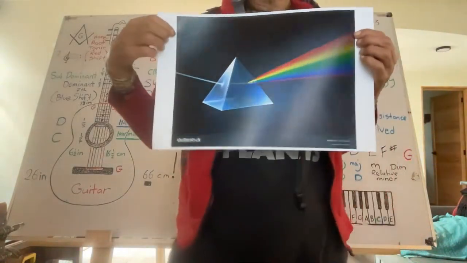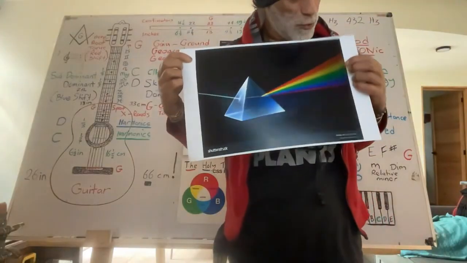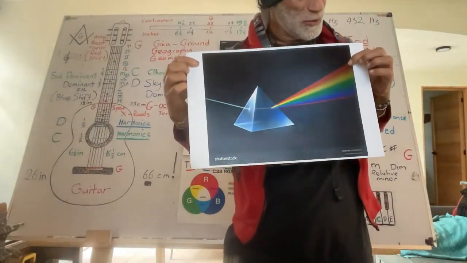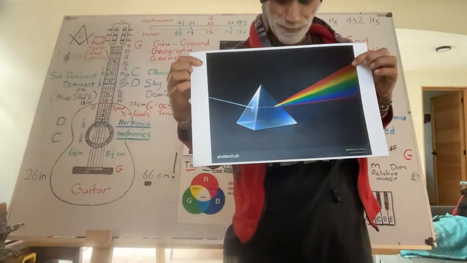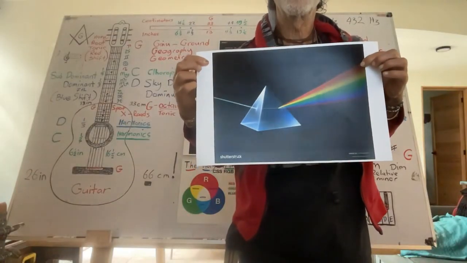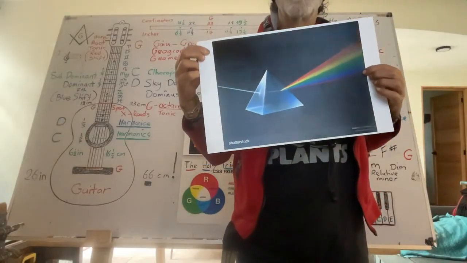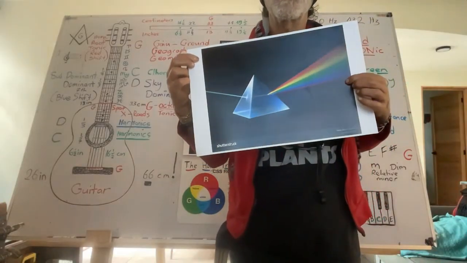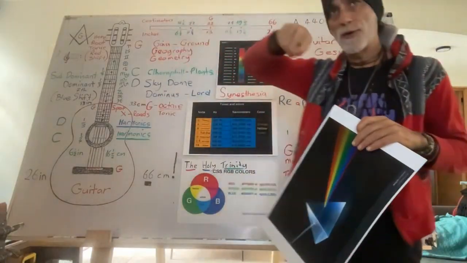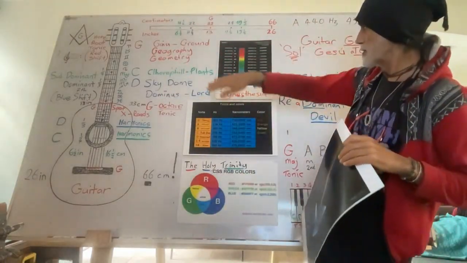So what happens is red always displaces first. It's called red shift, blue shift. Blue is always on the opposite scale, right? So when you see a rainbow, red is always on top.